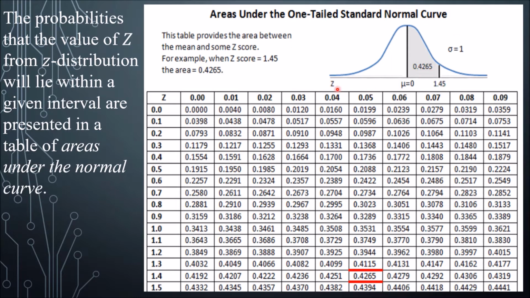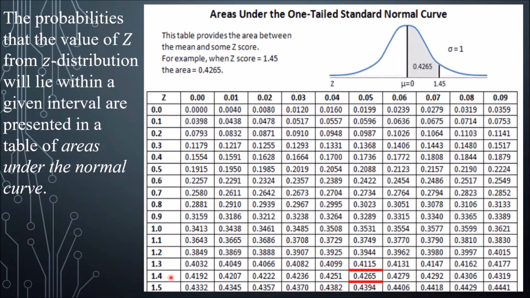Now, for example, if z is equal to 1.45 and we want to find the area under the curve from the mean 0 to z equal to 1.45, we just need to find 1.4 first here in our first column, and then to make it 1.45 we need to add 0.05.